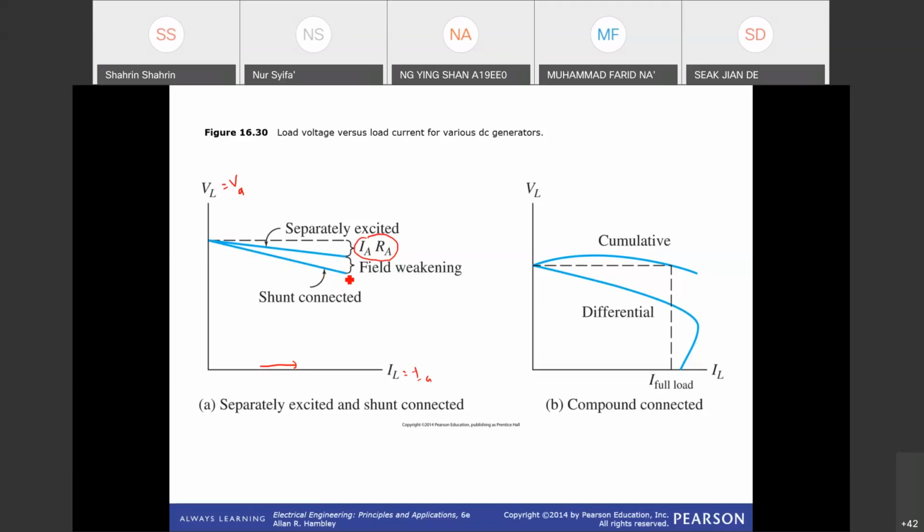As you can see, the voltage drop for the shunt generator is much worse because it has what we call the field weakening effect. When IA is increased, IF is reduced.